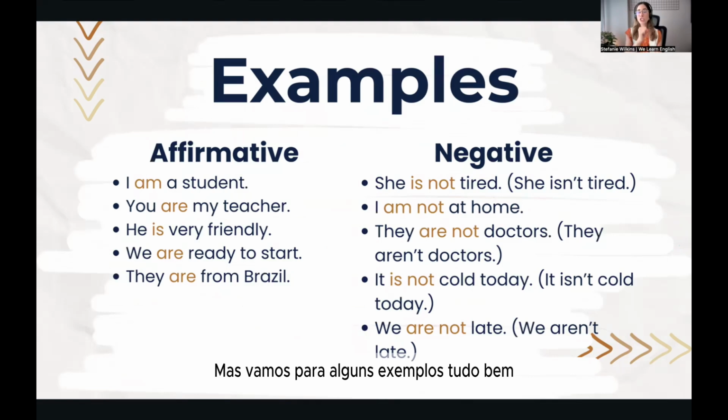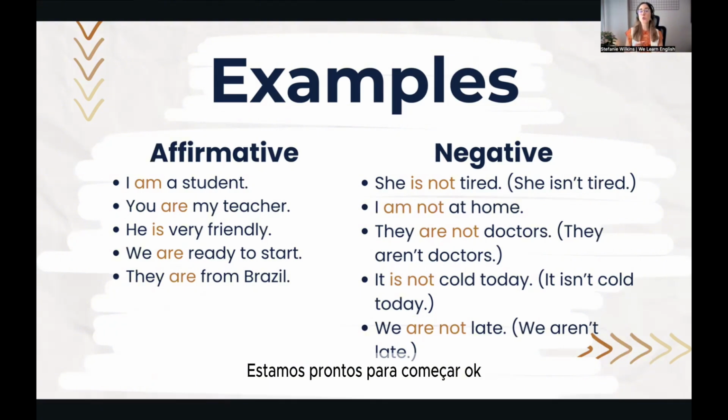But let's go to some examples, all right? Because I like to provide you examples every time we see grammar topics. So the affirmative way is: I am a student. You are my teacher. He's friendly. He's very friendly, okay? Maybe you want to add this word to show how friendly the person is.